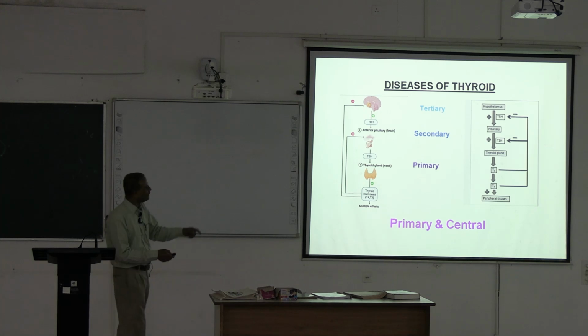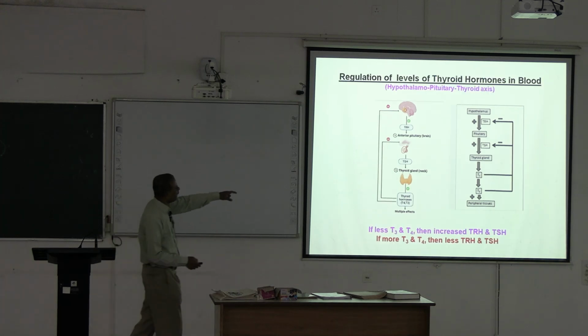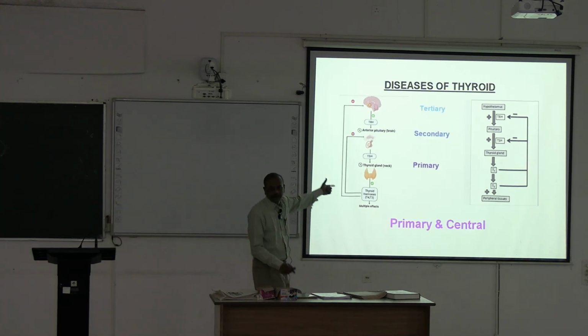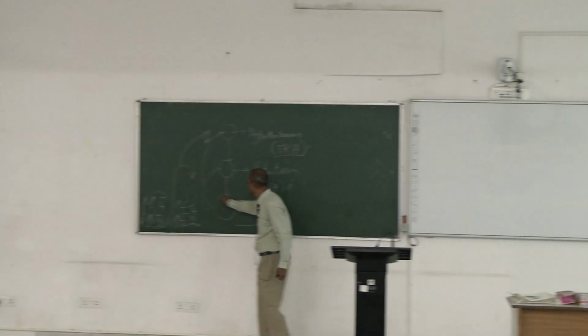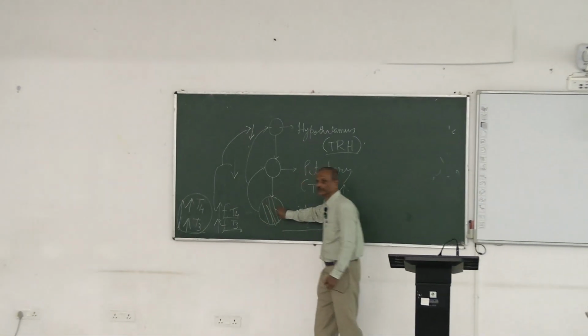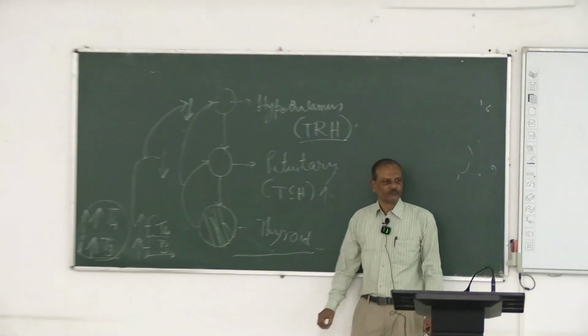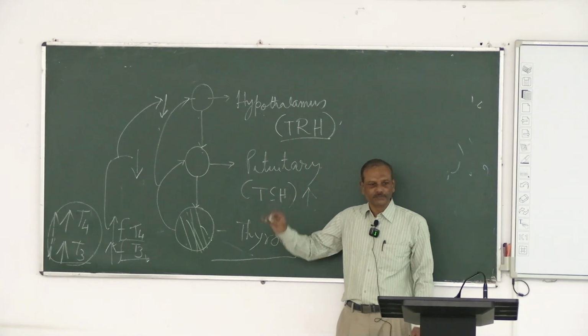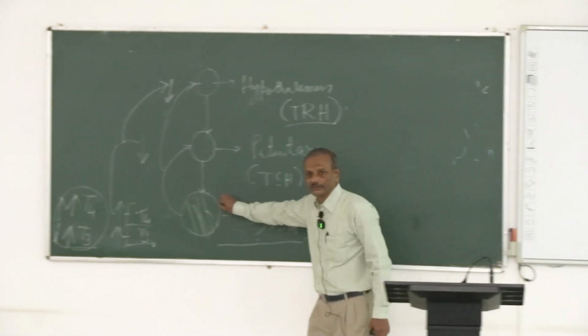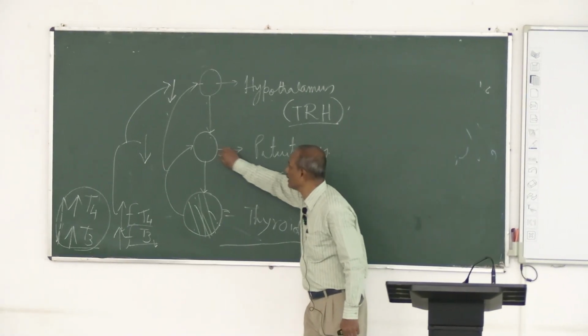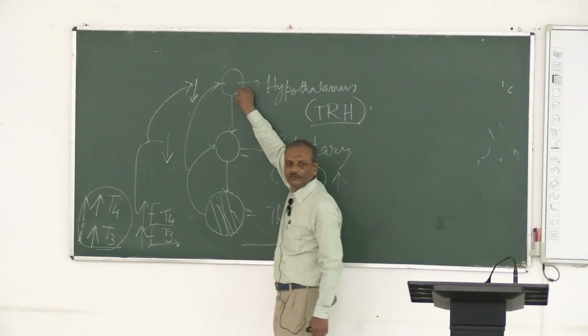So, earlier what happened, when we were students, we used to say that if the gland, suppose this is the gland which is getting primarily involved, this is called primary hypothyroidism. The disease may occur here, here, here.